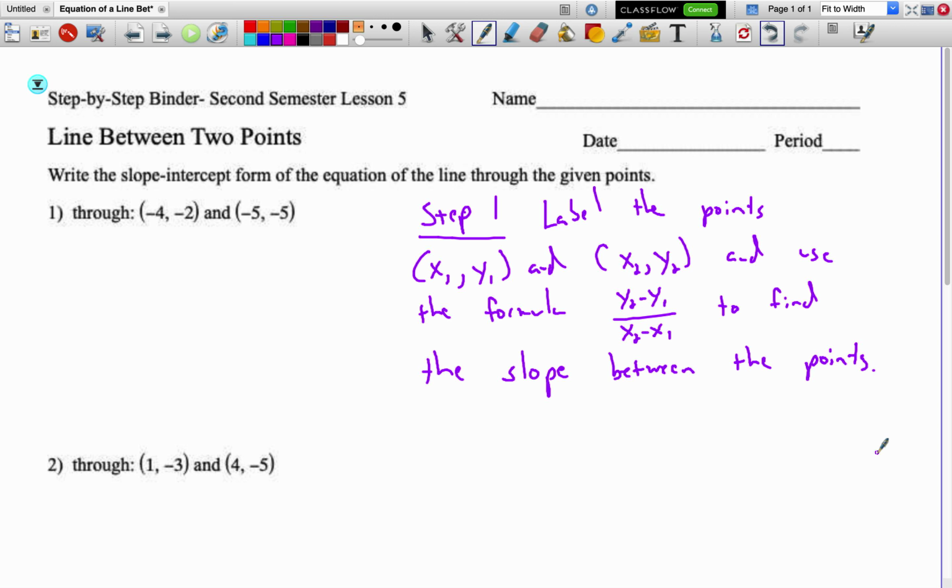All right, label the points x1, y1 and x2, y2 and use the formula y2 minus y1 over x2 minus x1 to find the slope between the points. This will give us m.